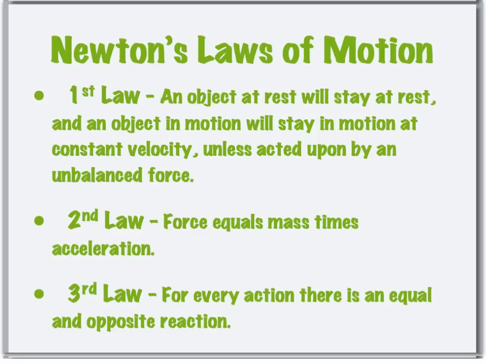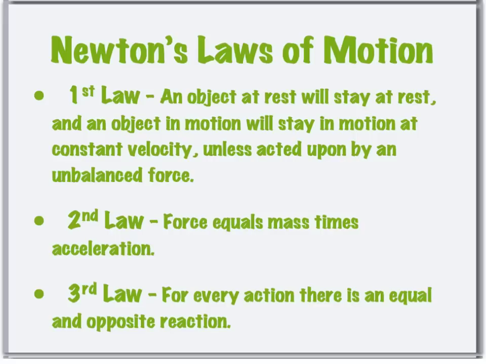Now, the laws of motion can be summarized as follows. His first law is basically, and a lot of people could just repeat this law, an object that's at rest, in other words, an object that's not in motion, or an object that is in motion is going to stay that way unless it's acted on by an unbalanced force.